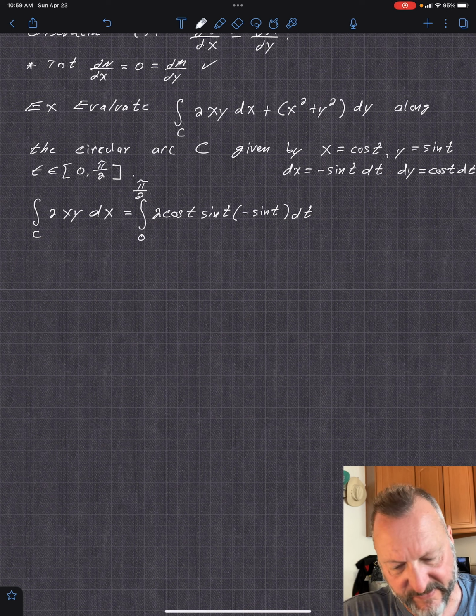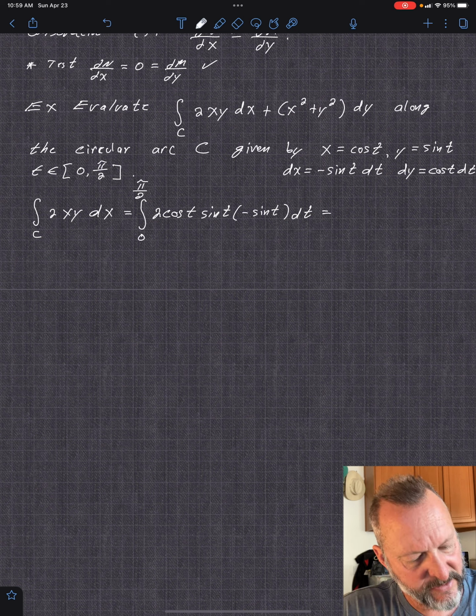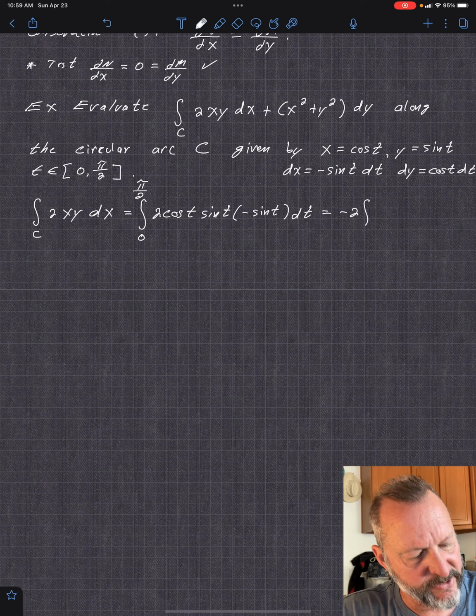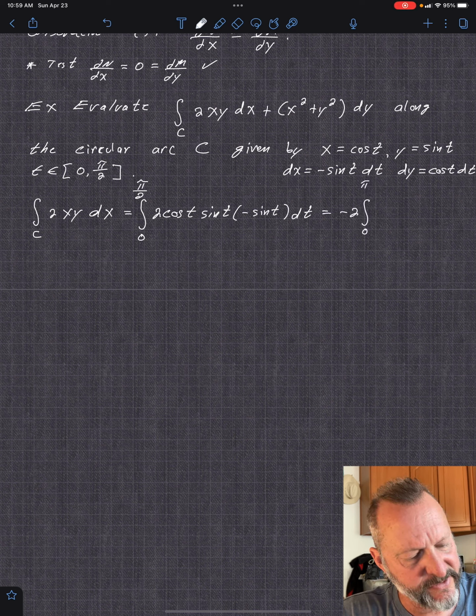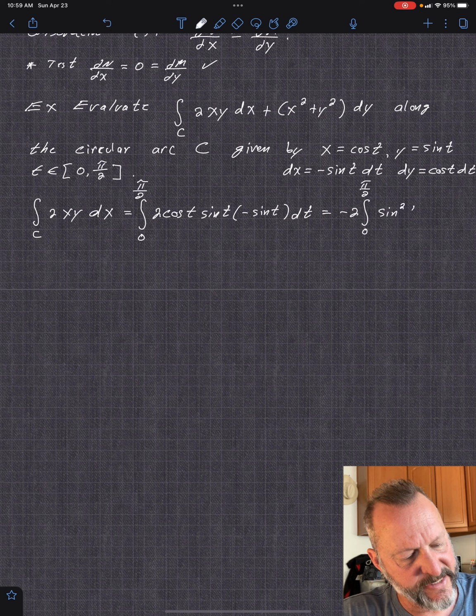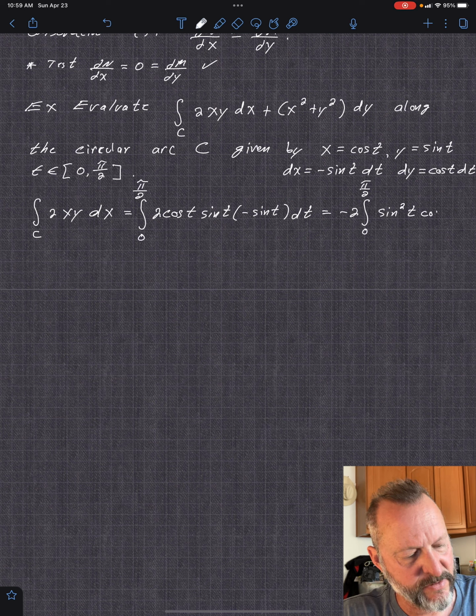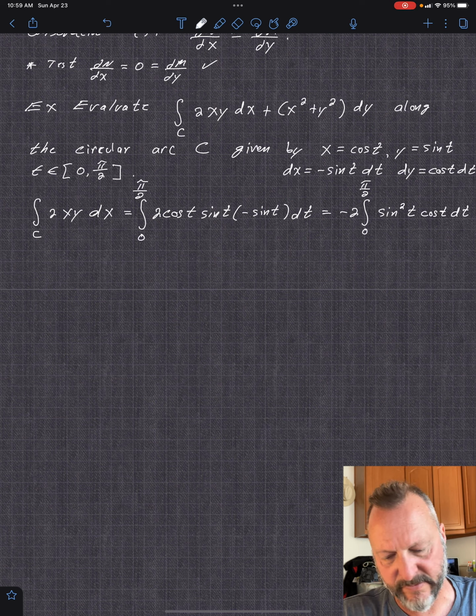And then we can simplify that a little bit. That is negative 2 times the integral from 0 to pi halves of sine squared t cosine t dt.